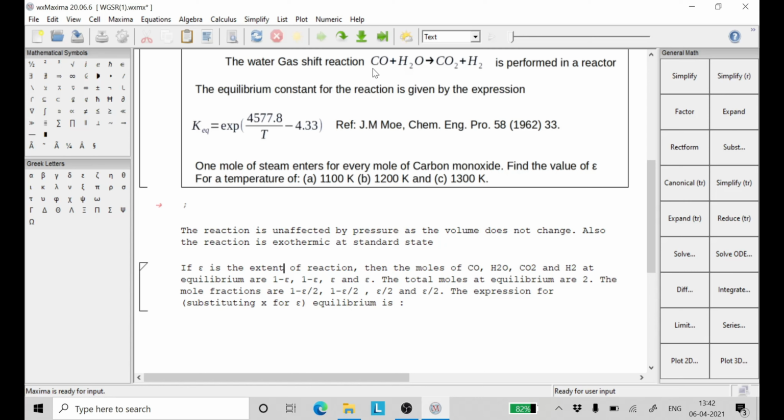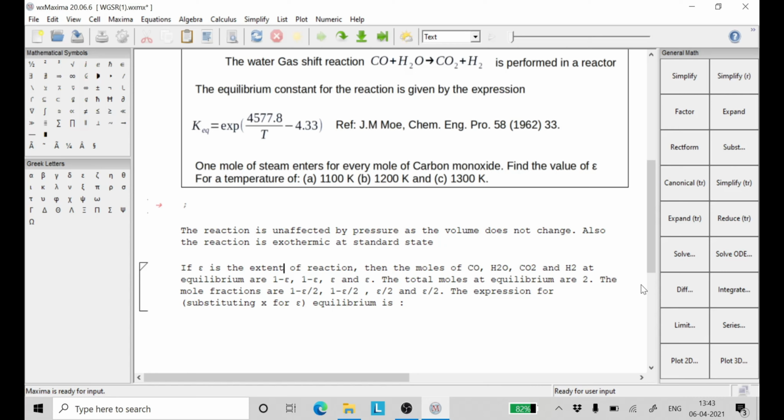Well, if this is 1 mole and the extent of reaction is epsilon, so the moles at the end of the reaction is going to be 1 minus the stoichiometric coefficient, which would be minus 1, into the epsilon. So we have 1 minus epsilon for carbon monoxide and epsilon for carbon dioxide, and the similar logic follows for others.